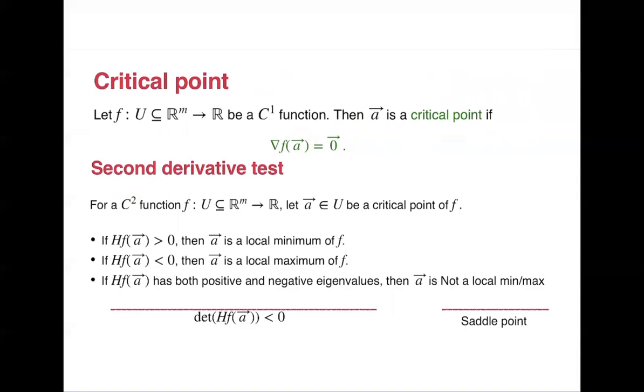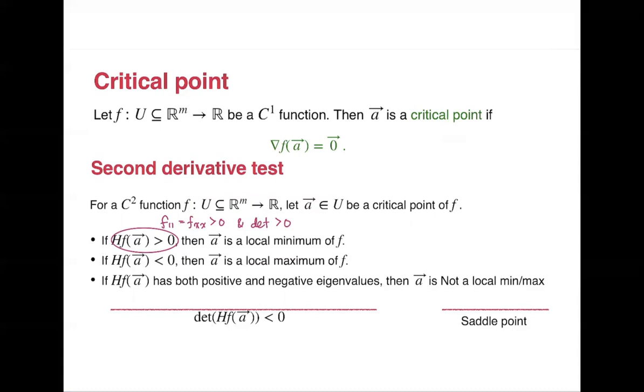So in the case A is a critical point, then by calculating these, when you calculate the Hessian matrix, if F11, which is the same as Fxx, is positive, and the determinant is positive, then it is a local minimum.